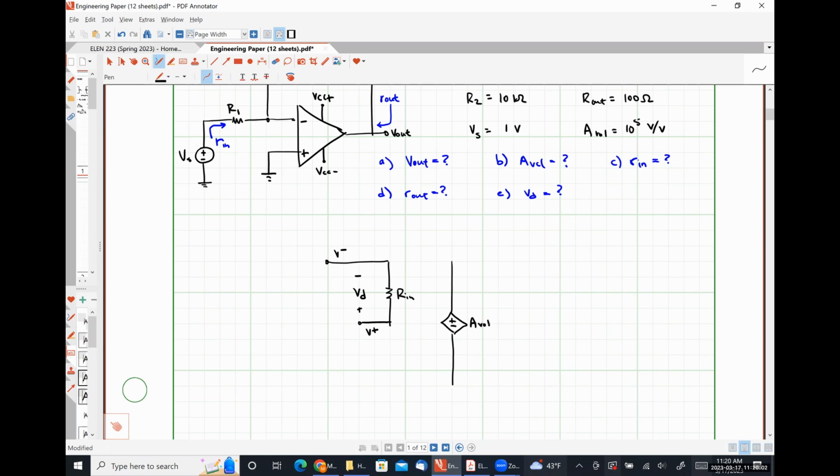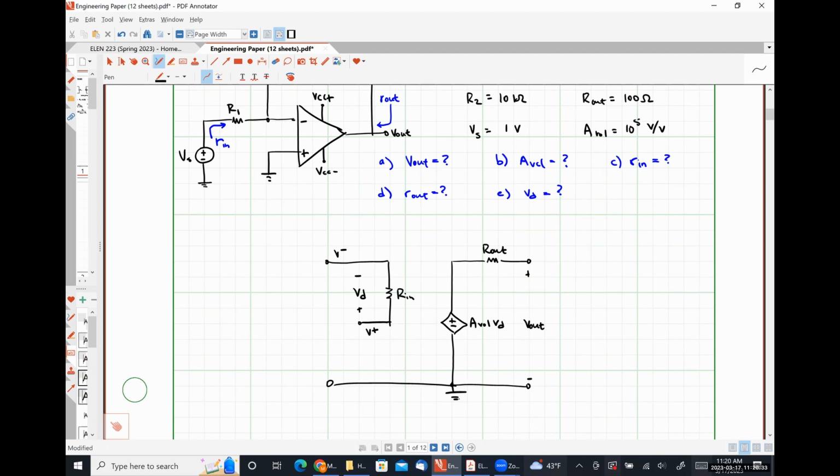Then I have my open loop voltage gain times VD. Over here, I have my output resistance R out. Across these terminals, I'm measuring my output voltage. And this is my reference.